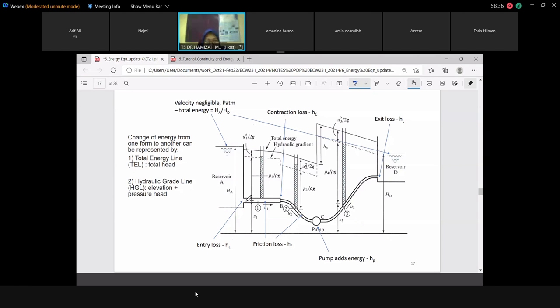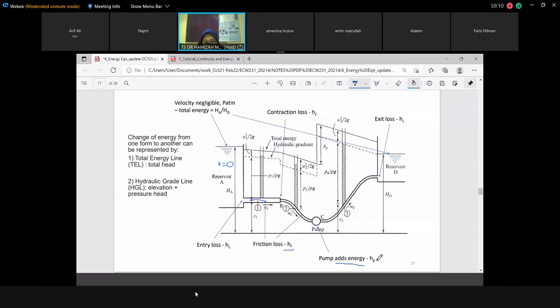Okay, dekat sini tak ada air bergerak. Air kat sini tak bergerak. So velocity dia zero. So bila velocity zero, tak adalah friction loss. So friction loss ni hanya berlaku apabila water bergerak. So dekat sini ada friction loss. Here, HF. Dekat sini pun ada friction loss sebab the water start moving. So here the pump means energy added.